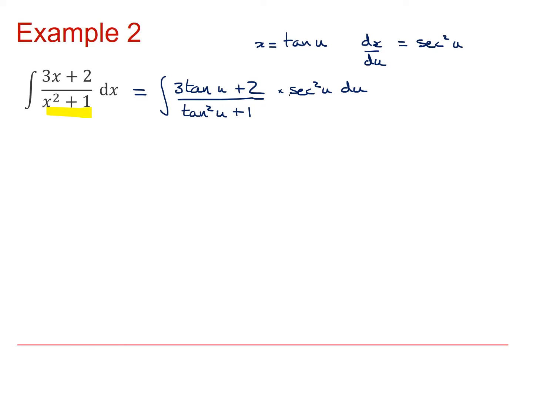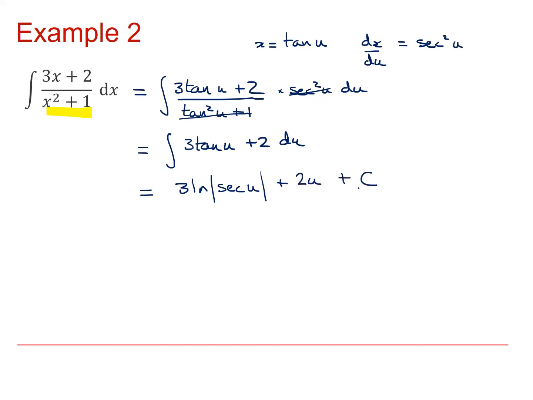So in fact, these two bits will go, leaving me with just the integral of 3 tan u plus 2. So I'm going to get here, integrate 3 tan, I get 3 log mod sec u plus 2u plus c. I know from my substitution up here that tan u is equal to x.